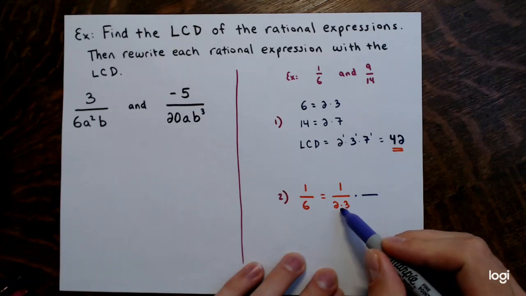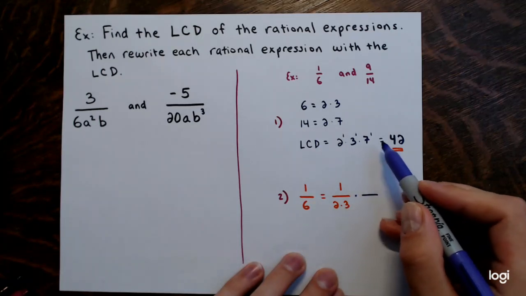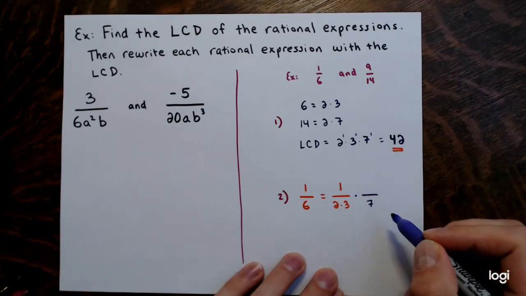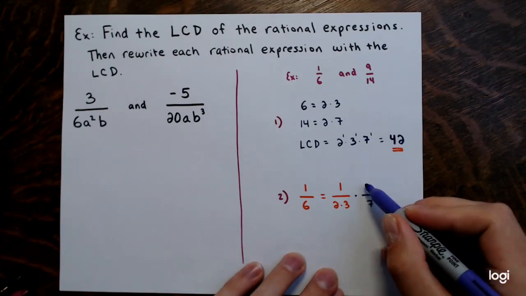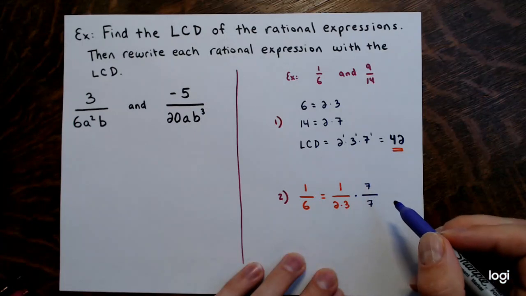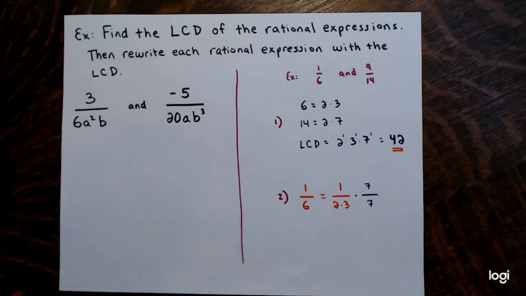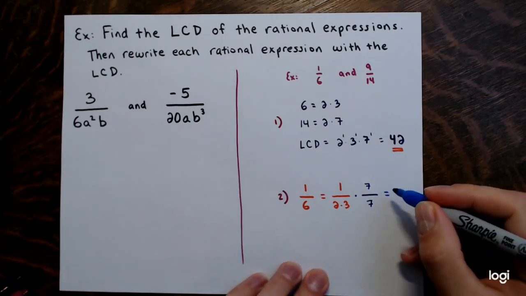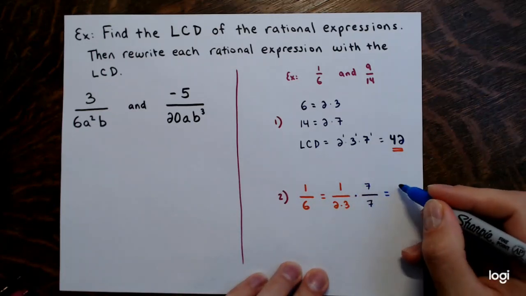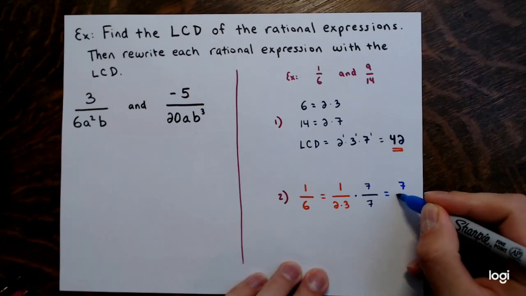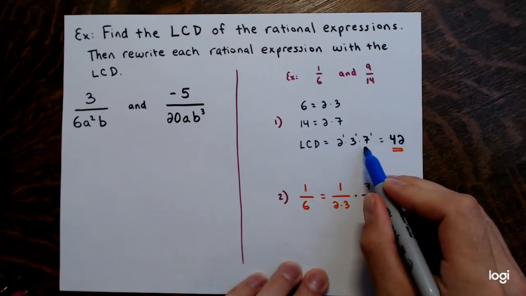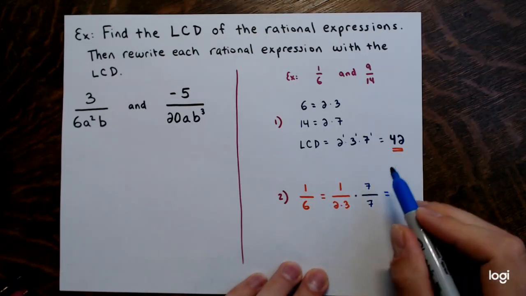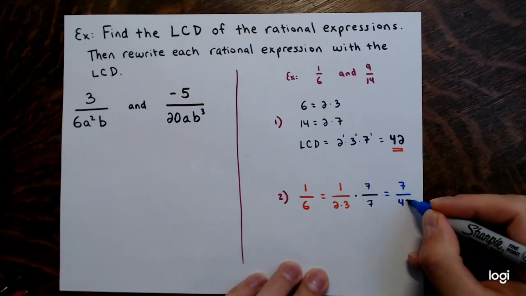All I need in the denominator to make it the LCD is the factor of 7. You can't just multiply the denominator by 7. You must also multiply the numerator by 7. When all's said and done, multiply the numerators, 1 times 7 is 7, over the denominators, 2 times 3 times 7, that's my LCD, that's 42.